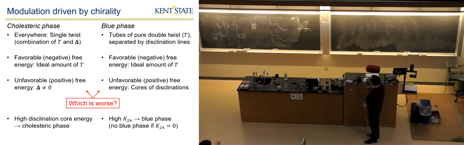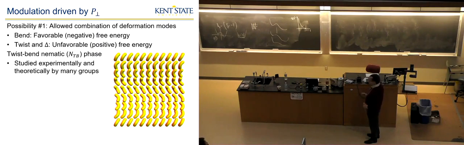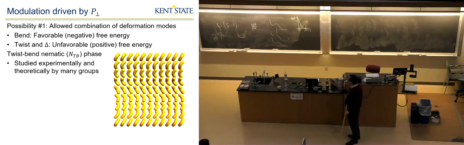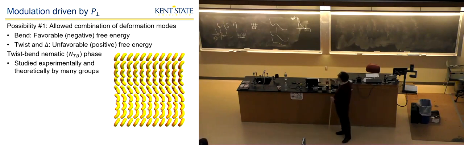I have related stories about modulations that are driven by these other modes. I will just show you pictures, okay? So if there is perpendicular polar order perpendicular to the director, okay, then one thing that a liquid crystal can do is to make this twist bend phase.